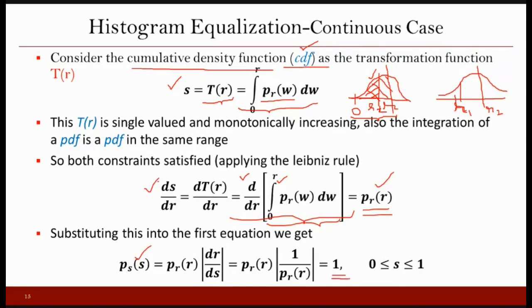When you are getting output as 1, what basically does this say? It is telling you that PS of S is 1, right? That means if you choose any value of S here, your output is going to be 1. That means for every value you are going to get the same output, and if you are getting the same output, then you can say that your histogram is a uniformly distributed histogram.